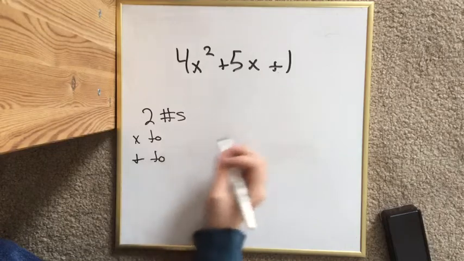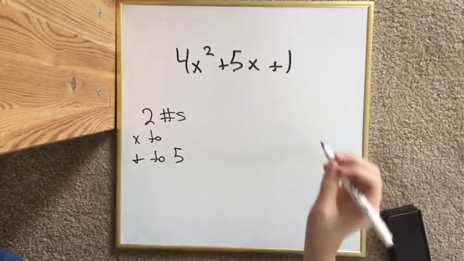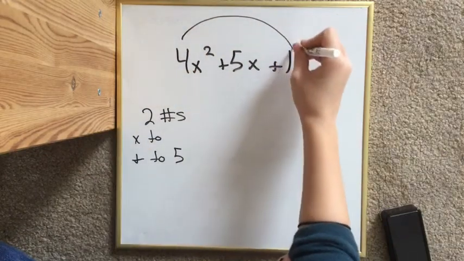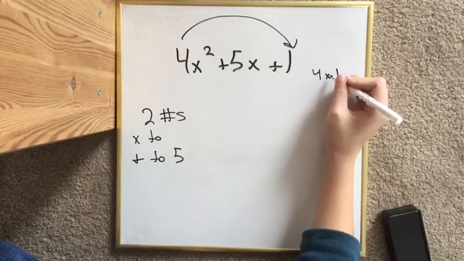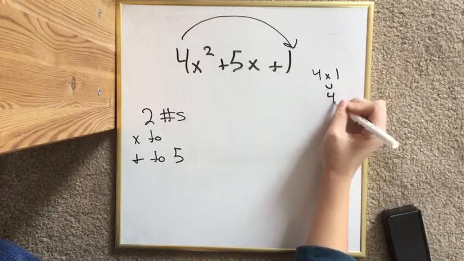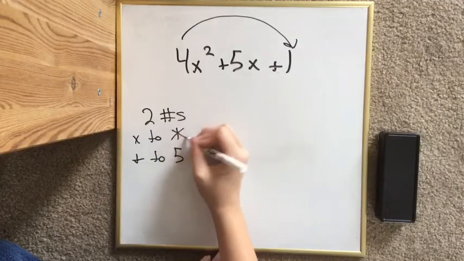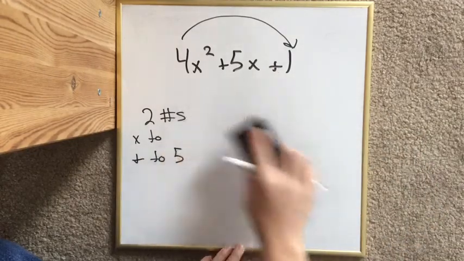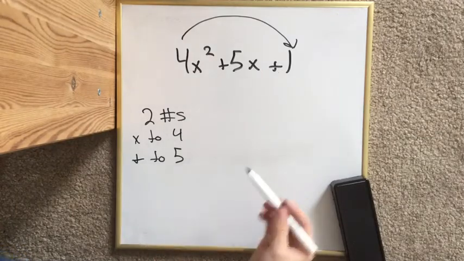They're going to add to 5, that's normal, it stays the same. But they're going to multiply to the number before the x times the last number. So they're going to multiply to 4 times 1, which is 4 instead of 1 in this case. So it's going to have to multiply to 4 and add to 5.